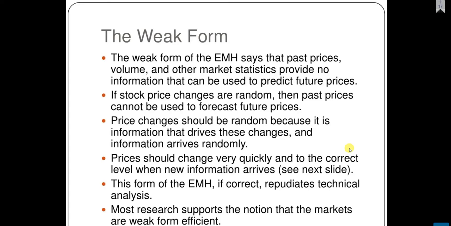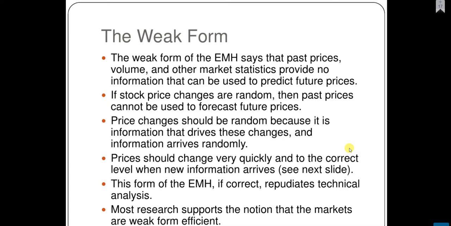That means the changes are random, it is not constant, so past prices will not help you to forecast future prices. You can't predict. Price changes should be random because it is information that drives these changes and the information arrives randomly.